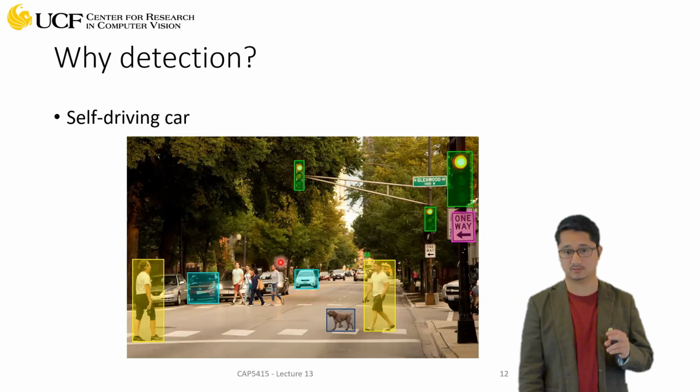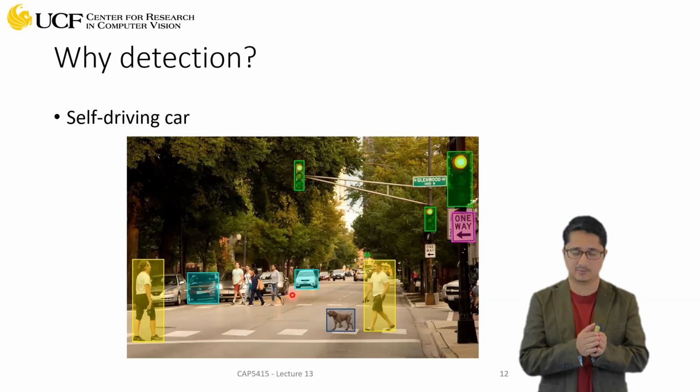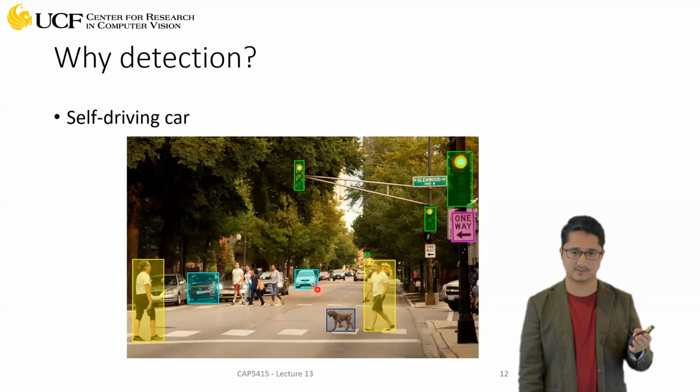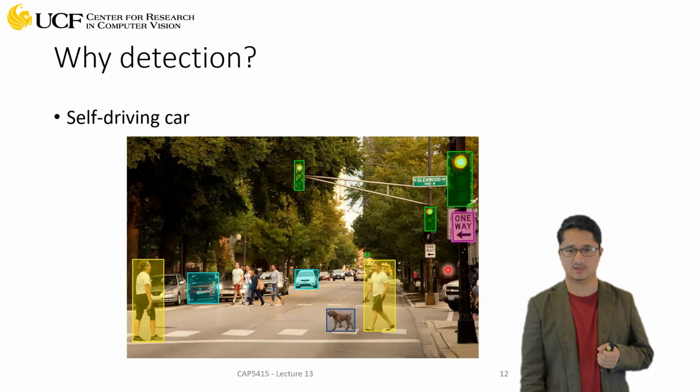Detection is much better than classification, because when the car is driving on the road, it doesn't matter whether the algorithm can say that a dog is present or not, because the dog might be just in a nearby park, which is visible from the car's range. But what's important is where exactly the dog is located.